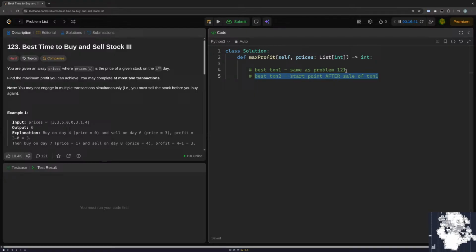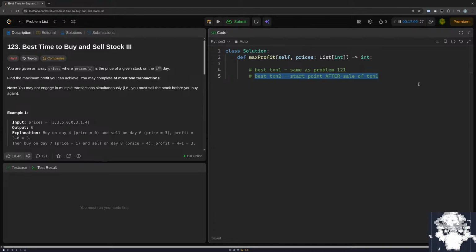Then I find a new best first transaction, and I want to replace it here.